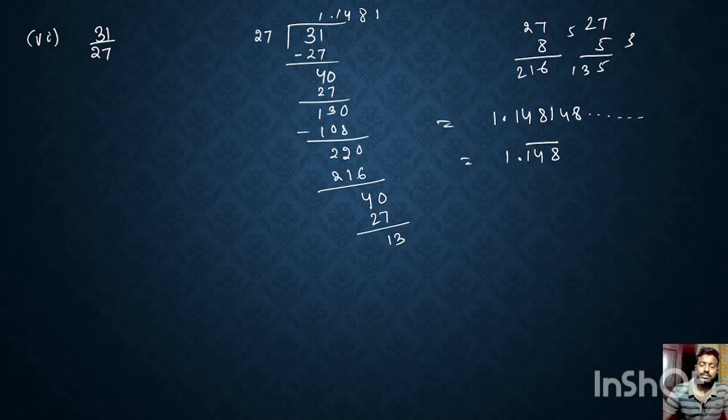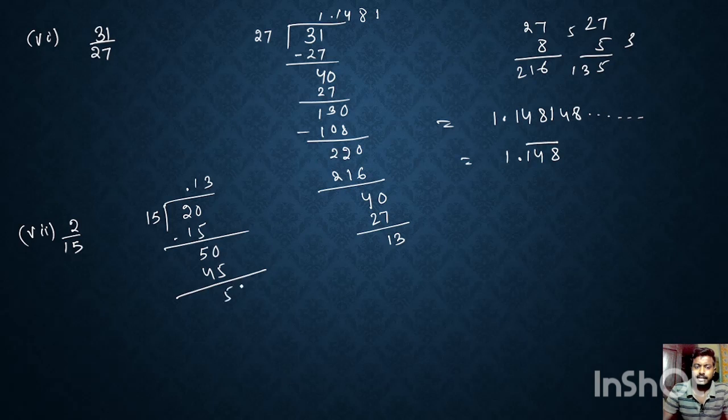Now next question, question number BII. The question is 2 by 15. Now divide 2 by 15. So first put a decimal, so 20, 15 1s are 15. So 50, 15 3s are 45.